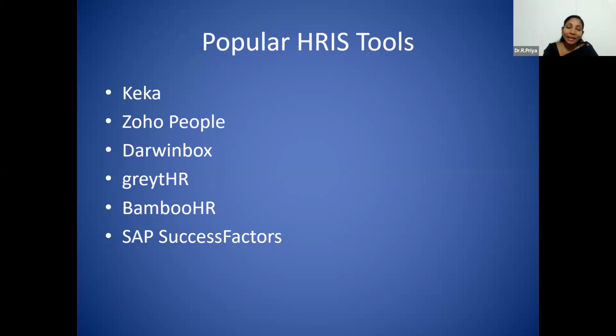Another thing is that Keka, Zoho People, Darwinbox, Greytip HR, the first four tools, are focused on Indian based companies, but Bamboo HR and SAP SuccessFactors are focused globally.